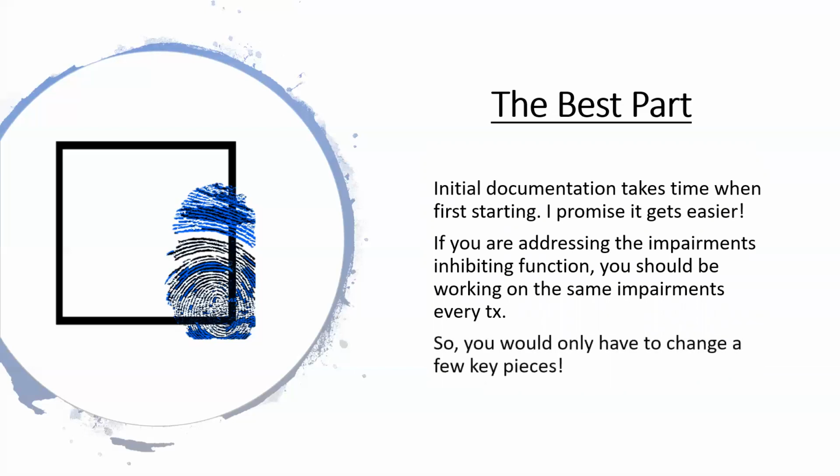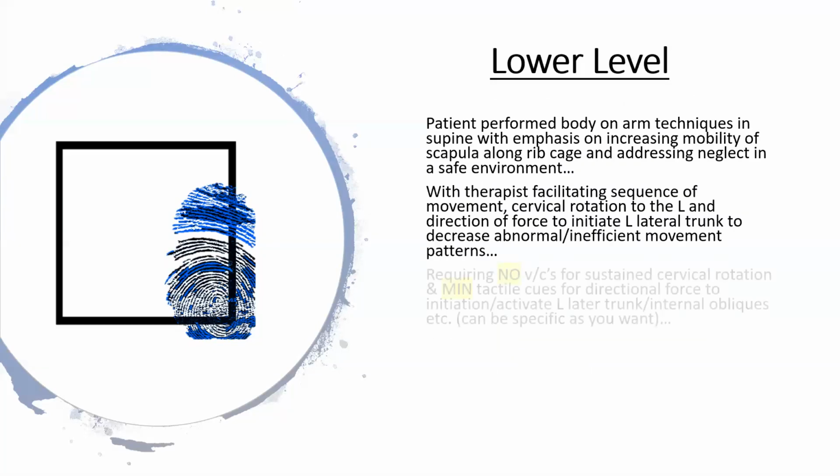So if you are working on true impairments, then you should continue to work on them until they're improved, or at least until they show functional improvement. So you only have to change a couple of things. And assuming that we have electronic medical records now, and that your note from yesterday will flow over to today, you can just change a few pieces.